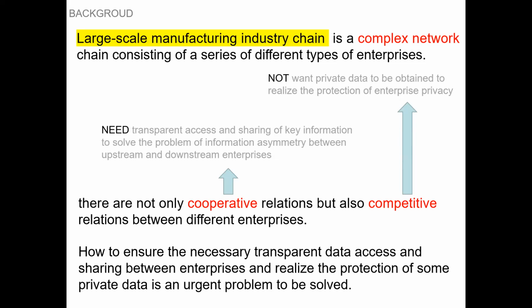However, on the other hand, there is a competitive relationship between core enterprises in the industrial chain, such as suppliers at the same level. Enterprises do not want private data, such as trade secrets and financial information, to be obtained. So, how to ensure the necessary transparent data access and sharing between enterprises and realize the protection of some private data is an urgent problem to be solved.